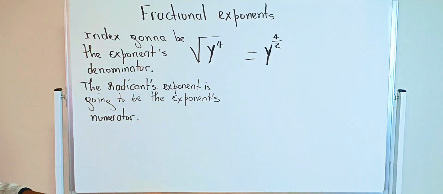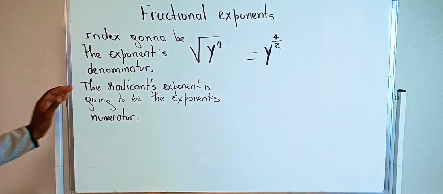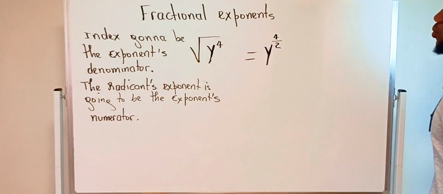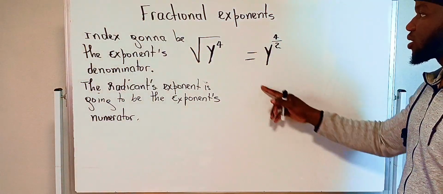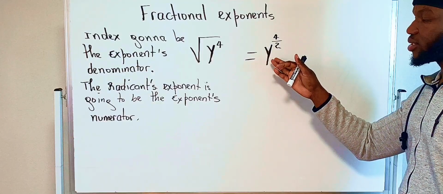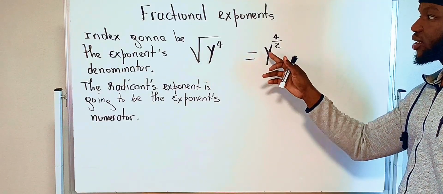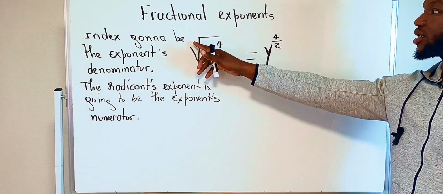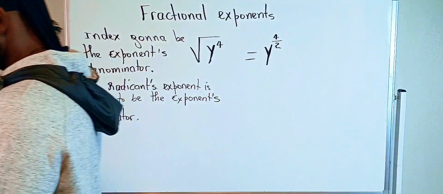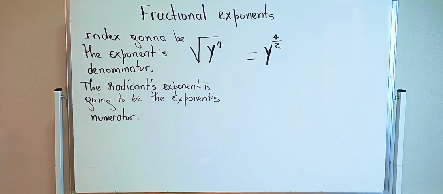You see what I mean? That means if I got a radical to write as a fractional exponent, you put the radicand over here, the index is gonna be the denominator, and the radicand exponent is gonna be the numerator. So easy stuff.